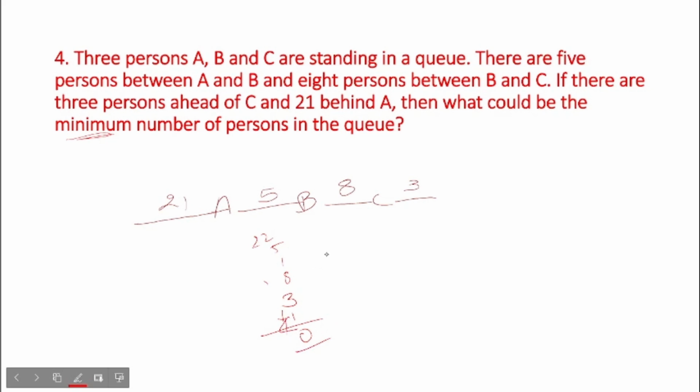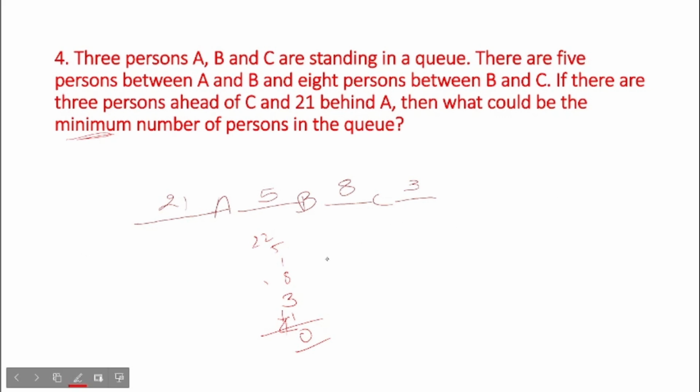So now we have to arrange these positions of A, B, and C so that we can get the minimum number of persons. We can follow these constraints and determine with a smaller number of persons, and we'll calculate the total number of persons from those positions, right?